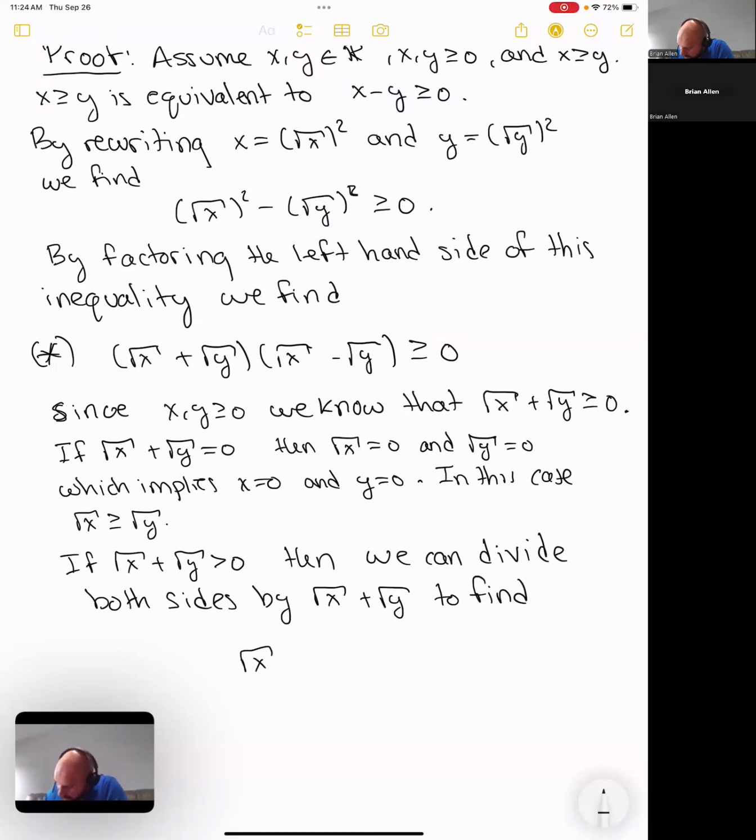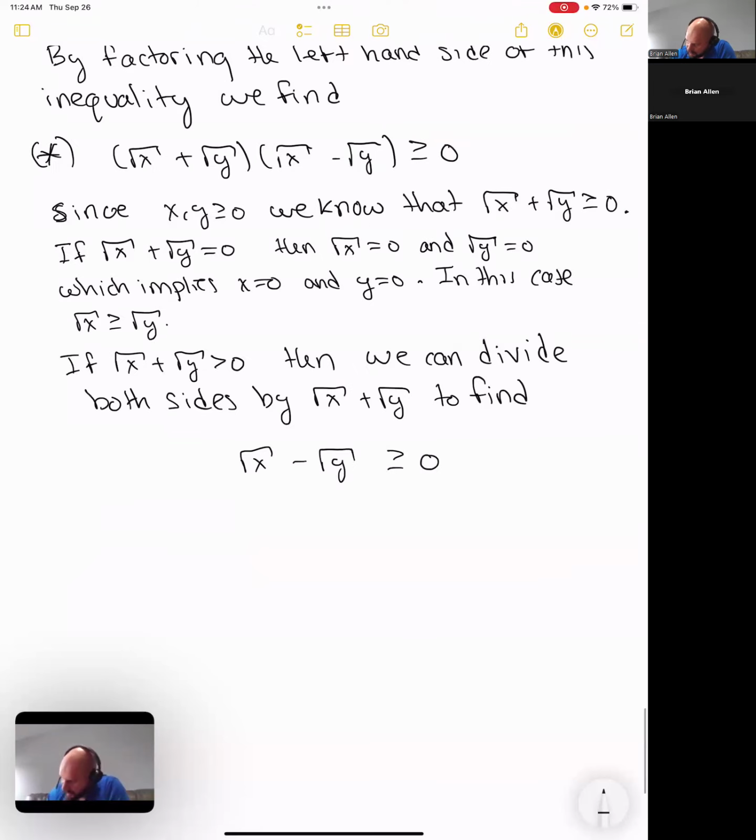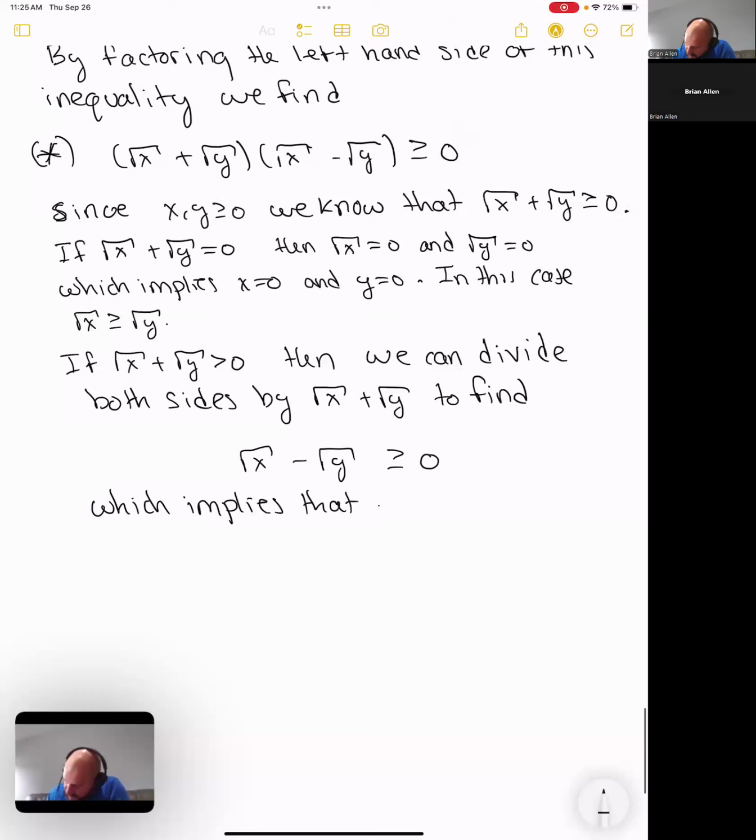Which is square root of x minus square root of y is bigger than or equal to 0. And we just want to point out to the reader, which implies that square root of x is bigger than square root of y, as desired.